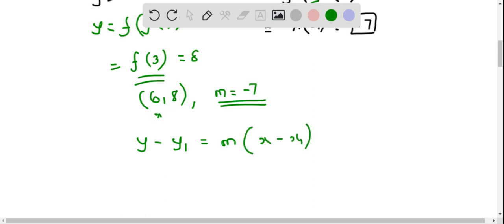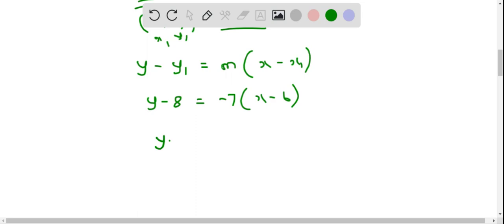So I plug in y1 as 8, so it becomes y minus 8 equals m, the slope of the tangent, which is negative 7, times x minus x1, which is 6. So let's simplify this. We get y minus 8 equals negative 7x plus 6 times negative 7 times negative 6, which is 42.